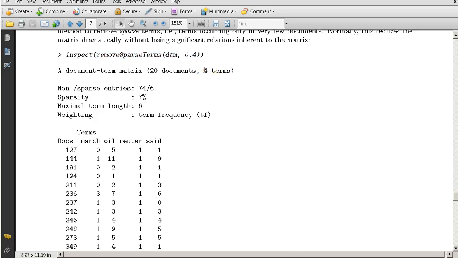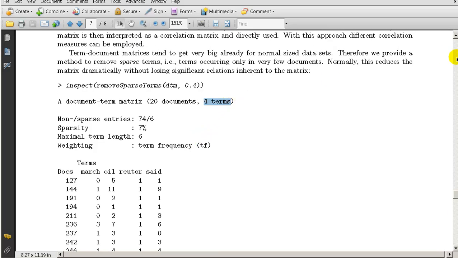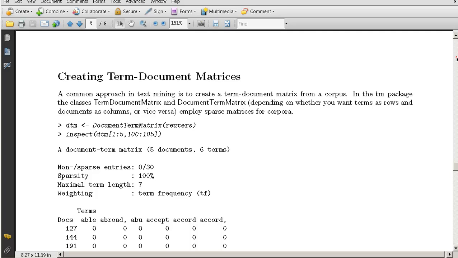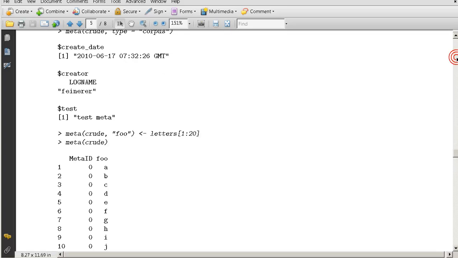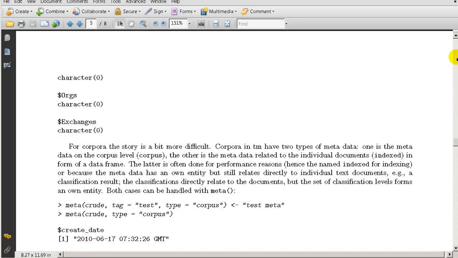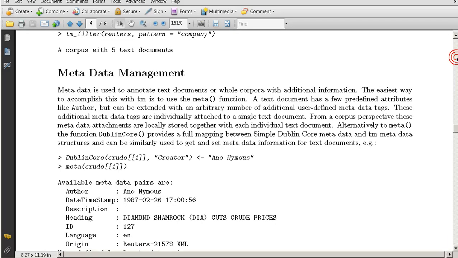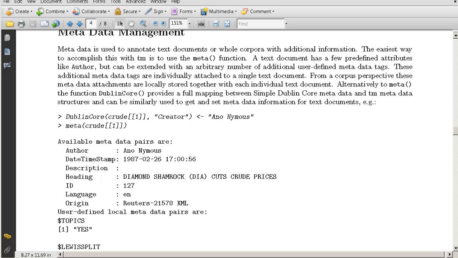We get only 4 terms then. Out of how many did we have? I forget how many were originally there.